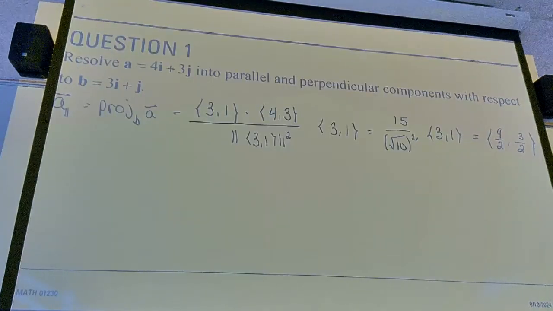Is this the same thing we would get if we made B into a unit vector and then multiplied the magnitude of A and just used the angle?